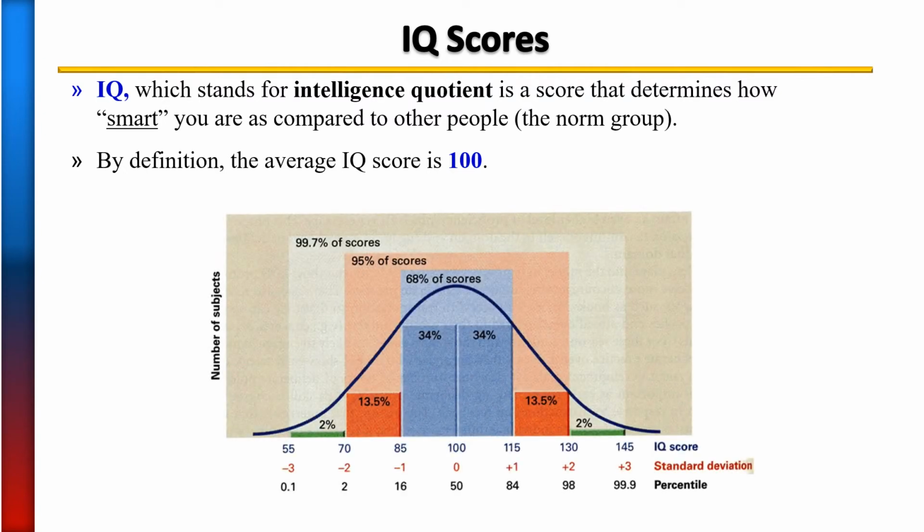So if you look at the bell curve, which is so commonly seen in many textbooks, you have your curve here. 100 is average. So anything below that would be below average, and anyone with IQ scores above 100 are considered above average.